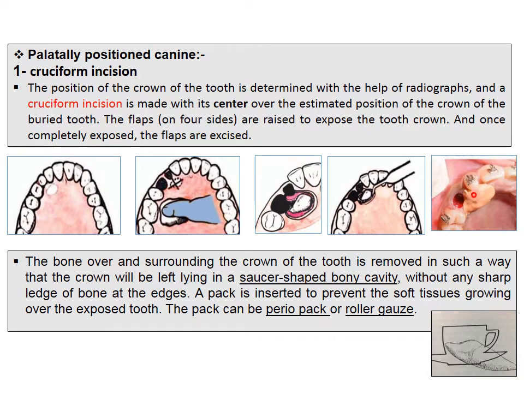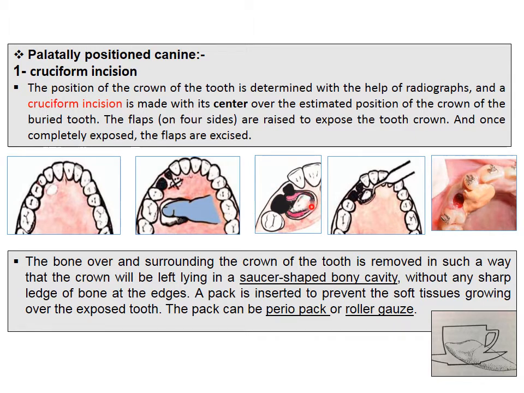This is done without any sharp ridges of bone at the edges of the tooth, to prevent irregularities in the oral cavity, especially in the palate, which might affect the speech of the patient. After the exposure of the tooth, a pack is inserted to prevent soft tissue growing over the exposed area.